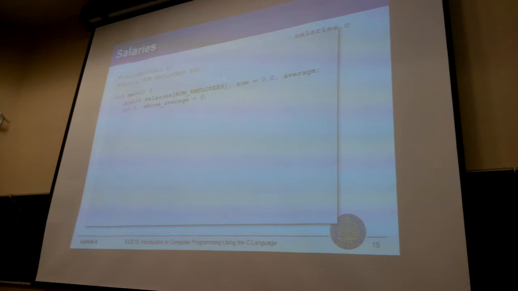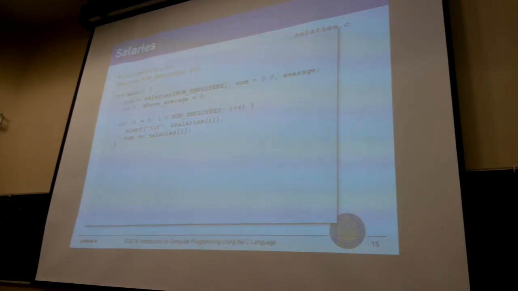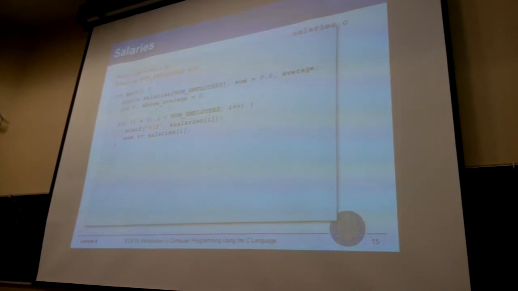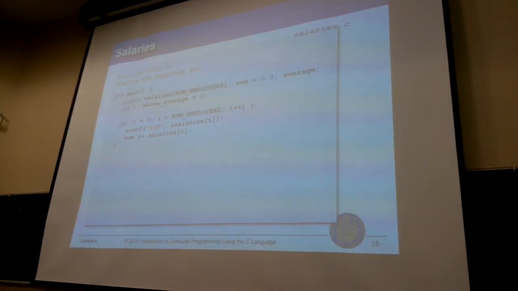We're declaring and initializing a variable sum and a variable average, and then we're going to have a bookkeeping variable i and a count of the number of salaries that are above the average. To populate the array, we'll use a for loop, and in that for loop, we'll just take in a user input, which will be the salaries.